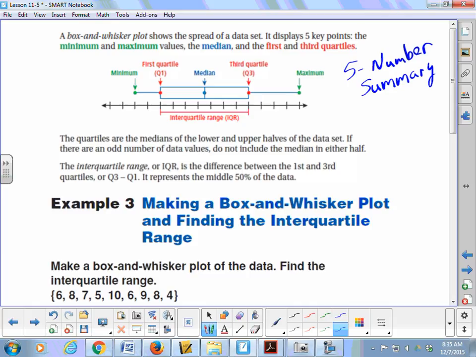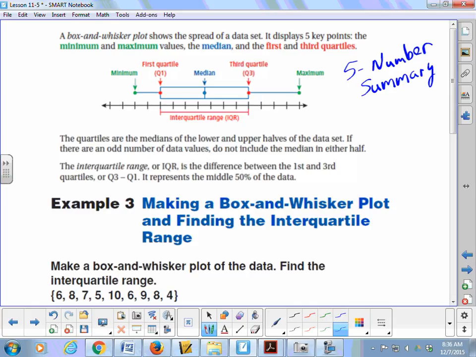It's the distance from the first quartile to the third quartile. The quartiles are the medians for the lower half of the data and the upper half of the data.